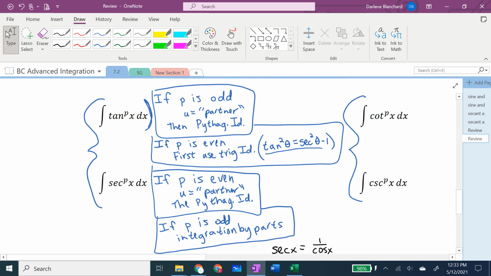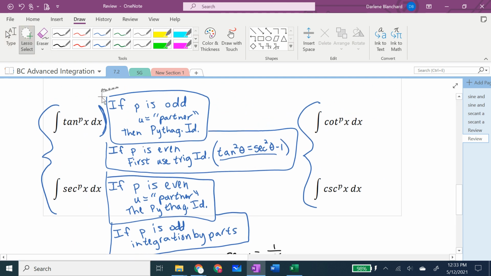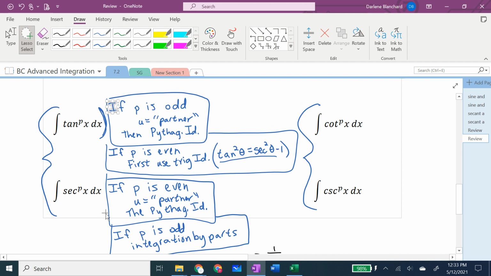Now, if you understand the tangent-secant partnership, the cotangent-cosecant partnership is exactly the same thing. In fact, I am going to do a lasso. Oh, no, wait, I don't want a lasso.